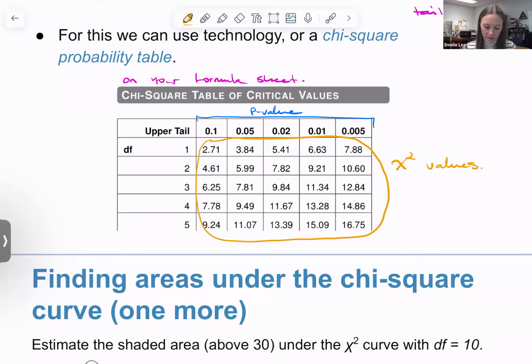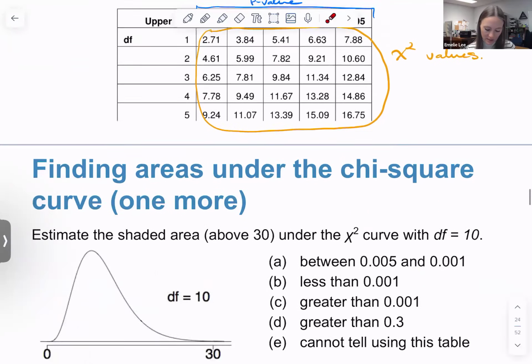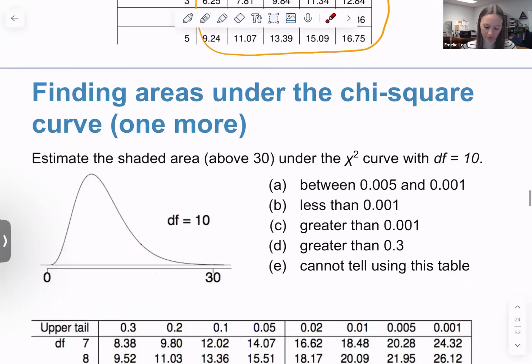So you're stuck at some degrees of freedom, and then you ignore the rest, just like you've been ignoring the rest of the T table, right? And then we try to place our calculated chi-squared somewhere along this line. So that's the same as what we've been doing for Z's to find the p-values recently. So just a little bit of practice.